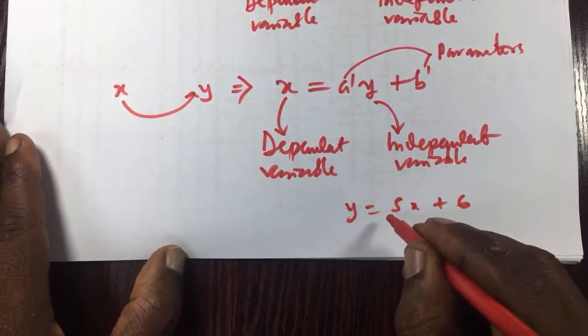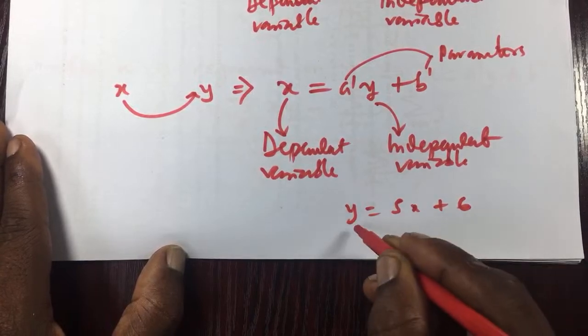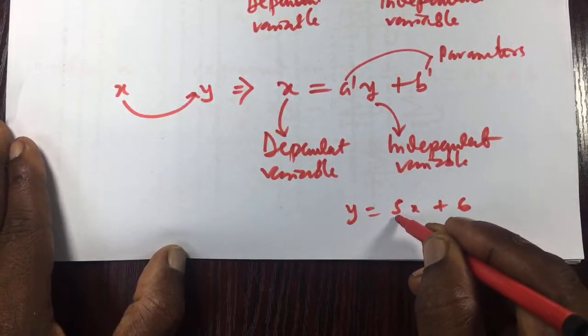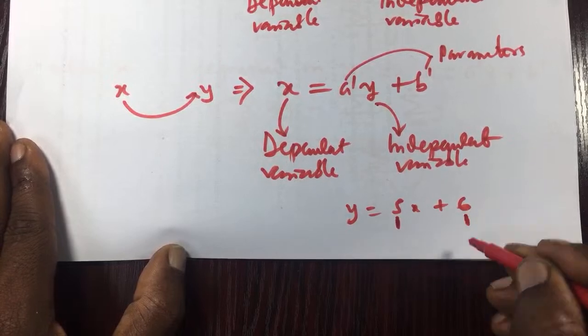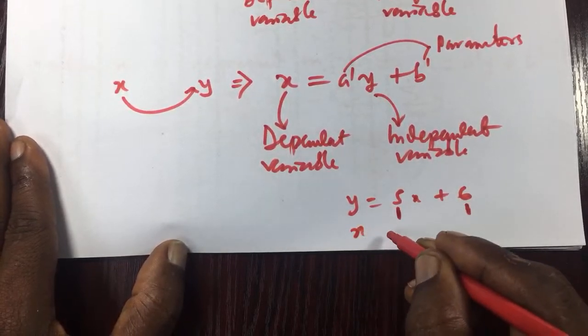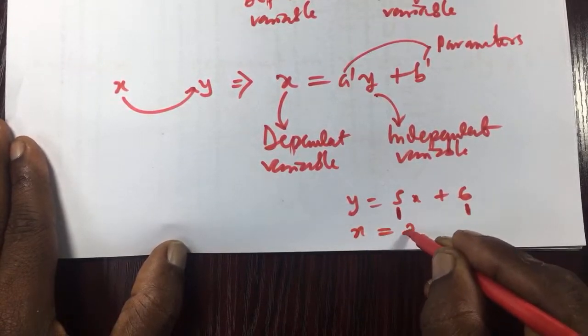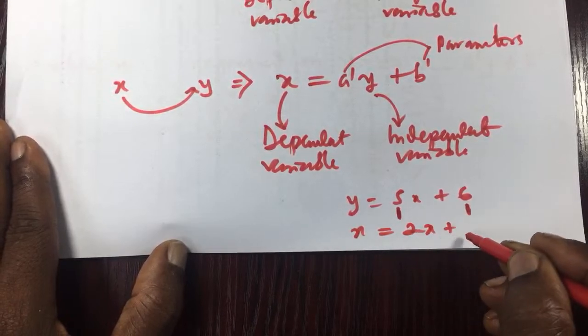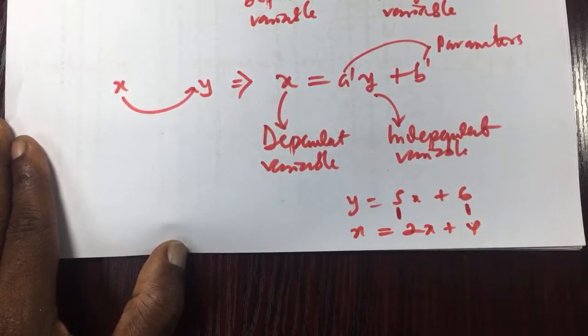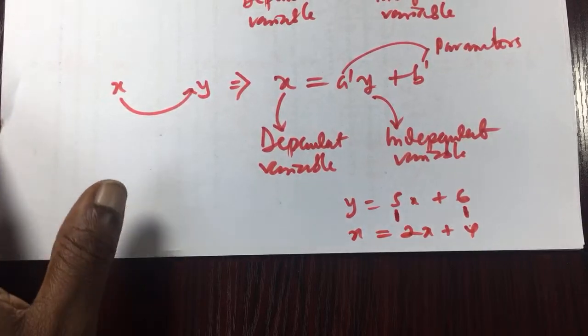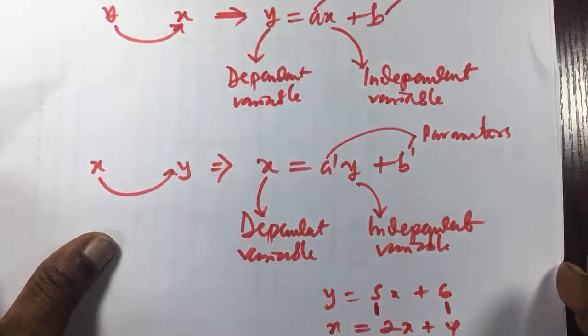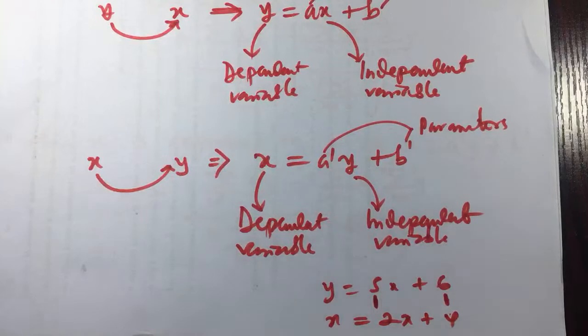Meaning that when they ask you to model the relationship between y and x, they want exact values for a and b. When they ask you to regress x on y, they want to know exact values of a prime and b prime. So regressing x on y or regressing y on x involves obtaining the parameters of the model and putting same into the model to get the actual model.